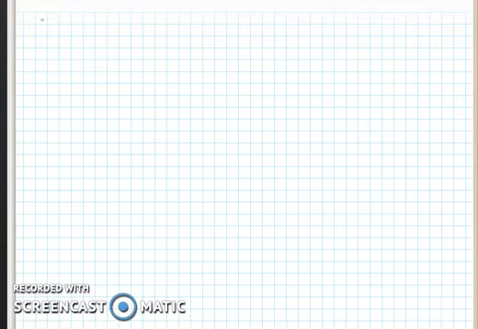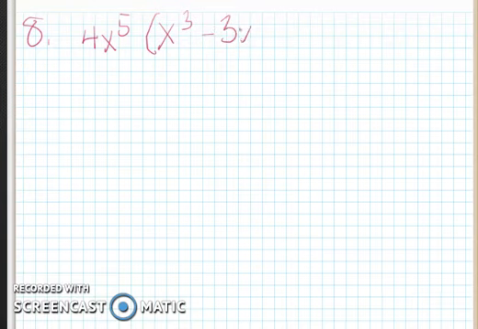Alright, number 8. Number 8, we're multiplying a monomial times a polynomial. Okay, in this case, the polynomial is a binomial. When we're doing this, we just have to distribute. Okay, so we just distribute this to each piece. So when I do this, I'm going to get 4 times 1. Multiply the coefficients first.